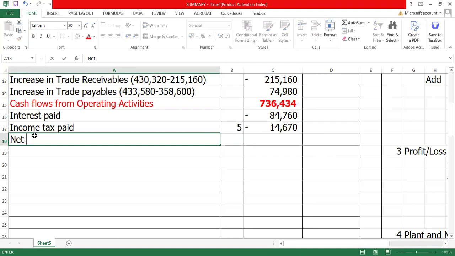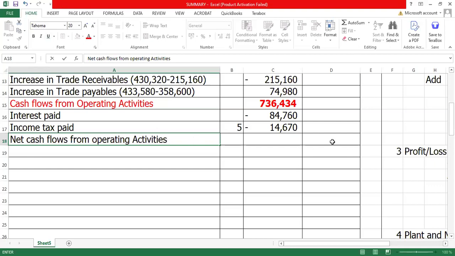What is it, an inflow or outflow? If it is positive, you will say net cash flows from operating activities. If it is negative, you say net cash flows towards operating activities.